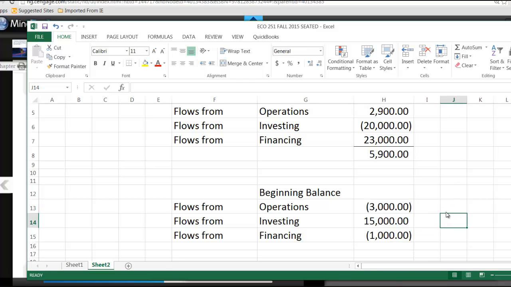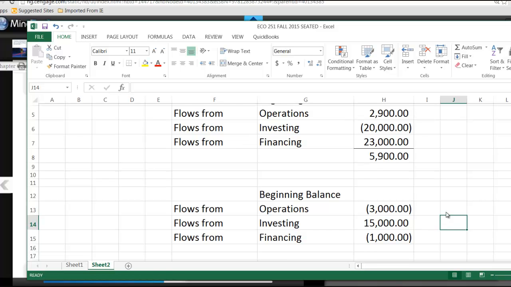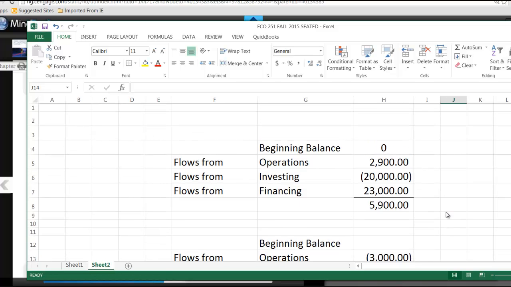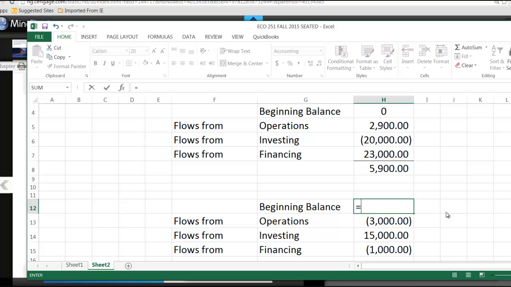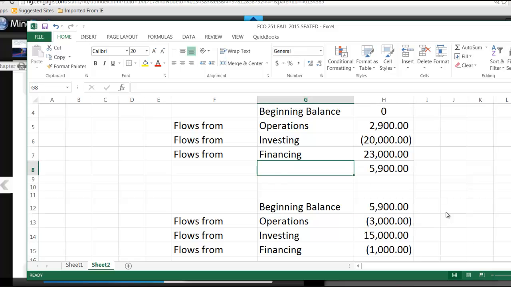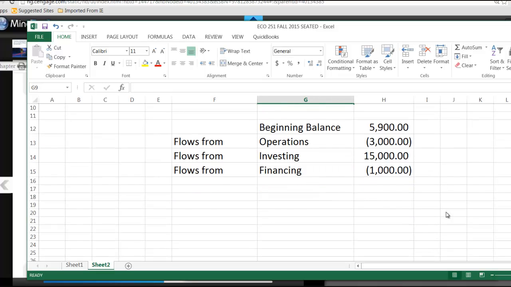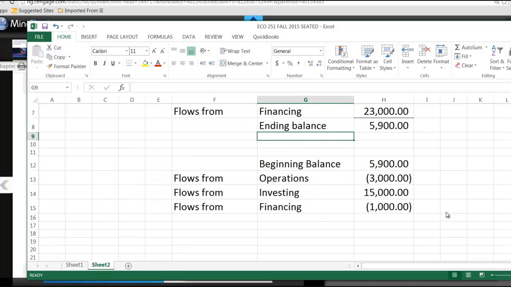Okay, so if this is what actually took place during the accounting period, here our beginning balance was 0. At the end of year 1, it was $5,900. So what was the end of one year becomes the beginning of the next year. So I want to say equals this, right? Boom. I forgot to label this, so this would be our ending balance. The ending balance from one year becomes the beginning of the next year.